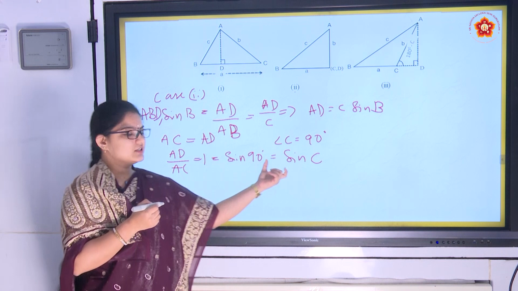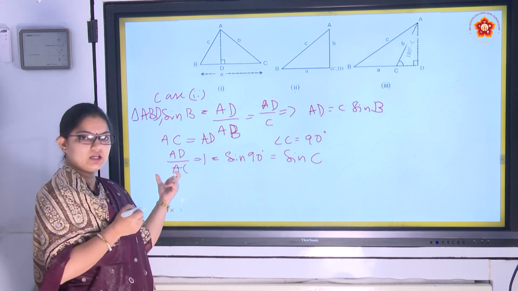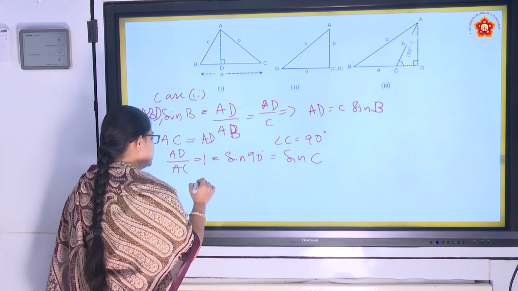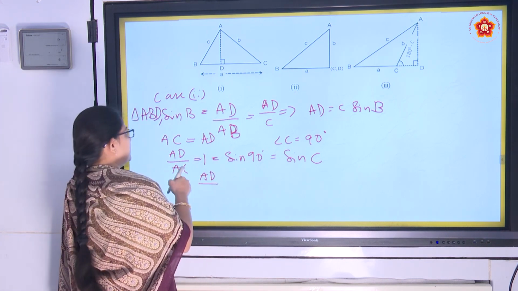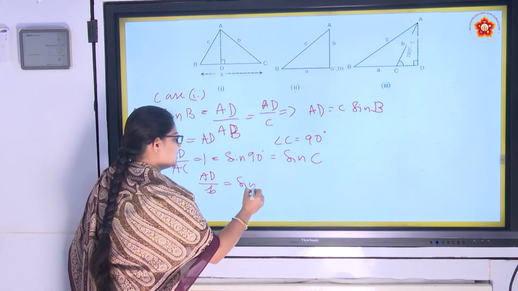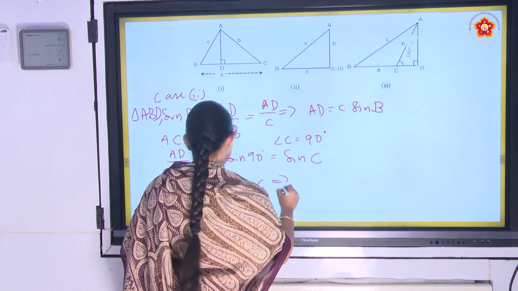So I have sin C is equal to AD by AC. AC is nothing but b. So AD by b is equal to sin C. Or what is AD?